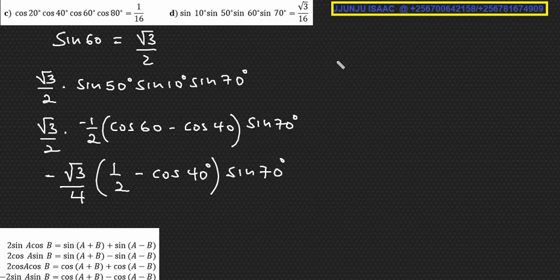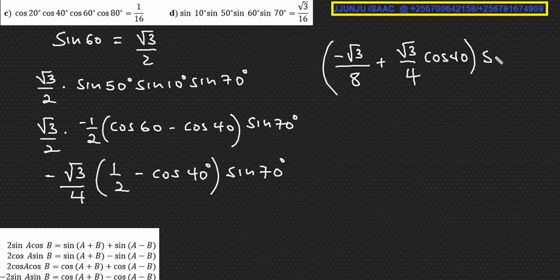So this will be negative root 3 over 8, then plus, negative times the negative cos 40, we shall get plus root 3 over 4 cos 40. Then we have a sine 70 degrees.